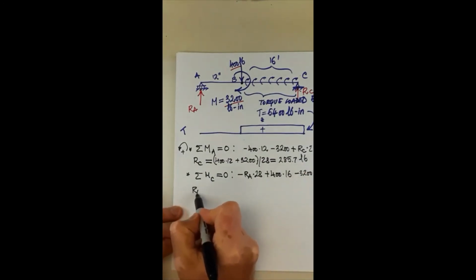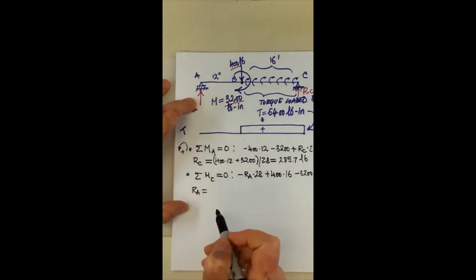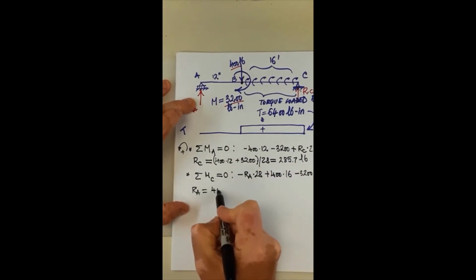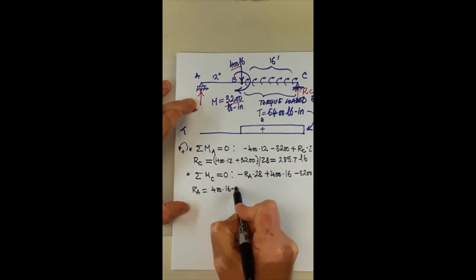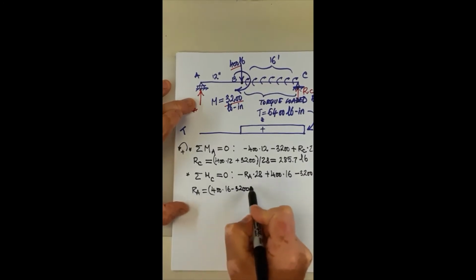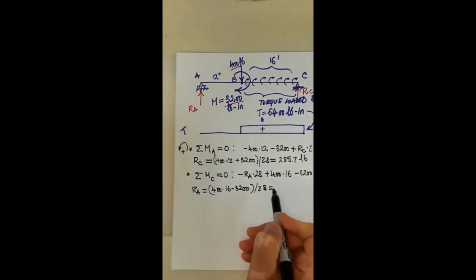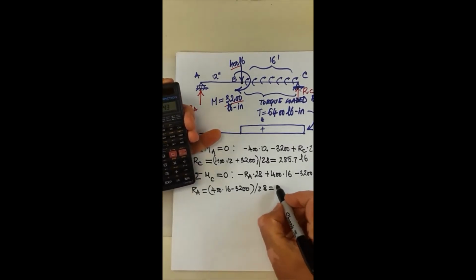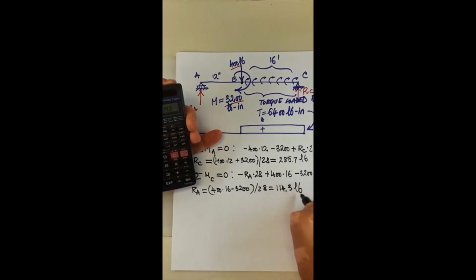So RA, the reaction at A, is going to be 400 times 16 minus 3200 over 28, and the value is 104.3 pounds.